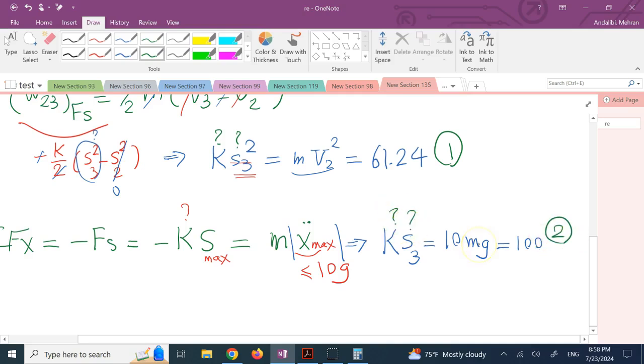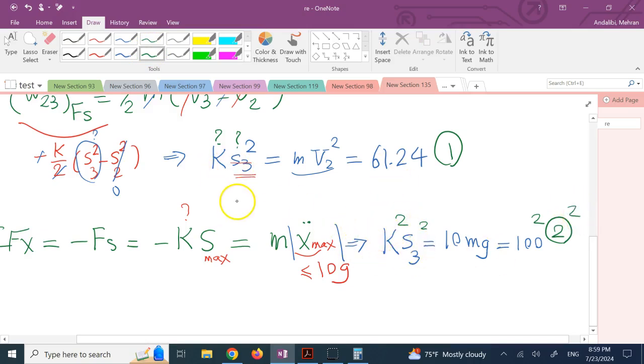So now if you look at 1 and 2, guess what? Equations 1 and 2 are two equations, two unknowns, and the one that you care about is k. In order to get rid of s, you need to square equation 2, and then divide by equation 1.